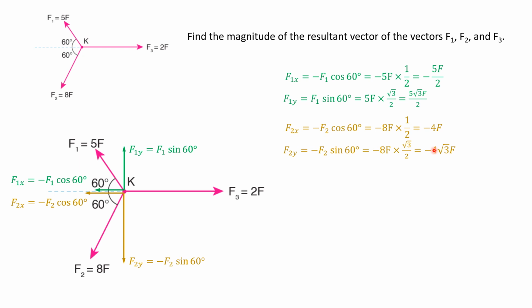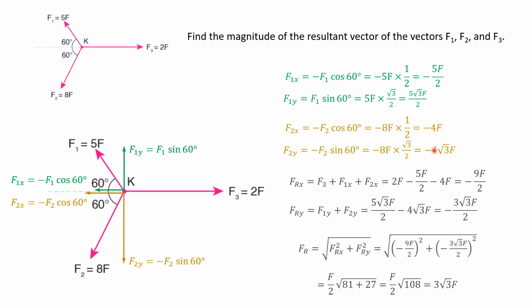Now we have to find the x and y components of the resultant vector. How are we going to do this? Well, for the x component, it's going to be F3, right, plus F1x and F2x.